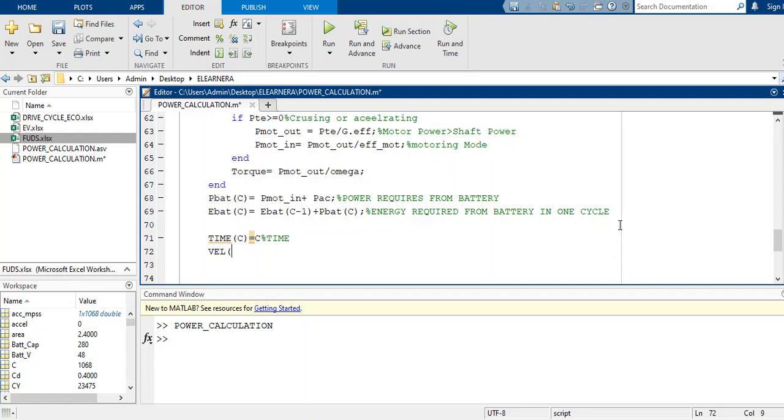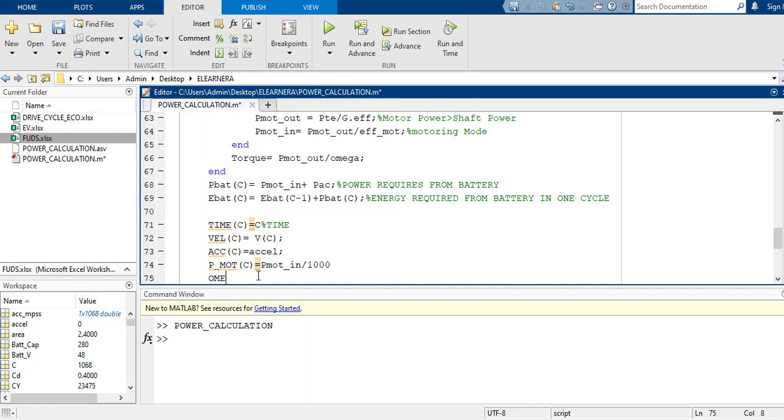Then velocity is v in c, then acceleration at c, then P motor, the power of the motor, divided by 1000, it is power from the motor.